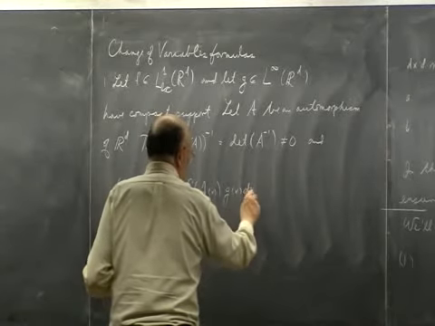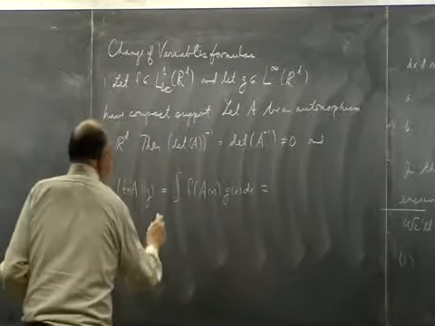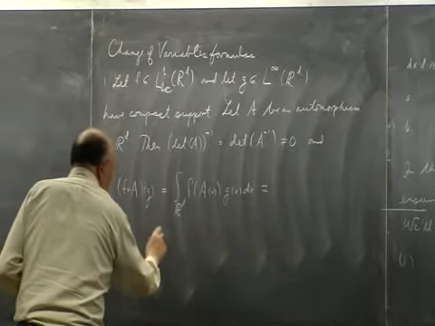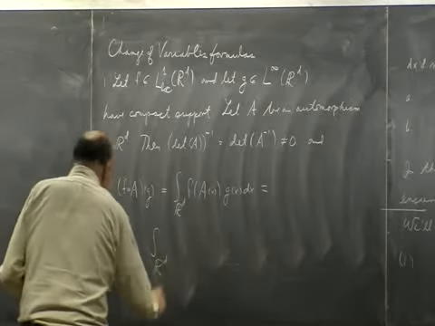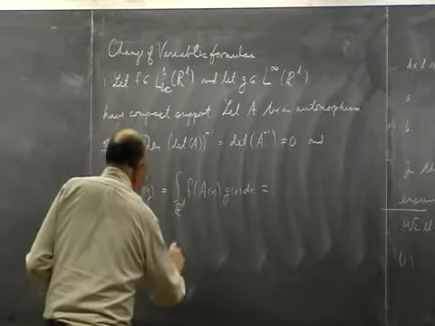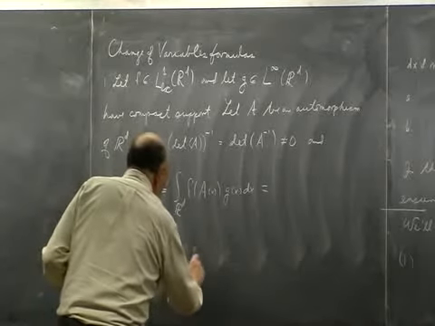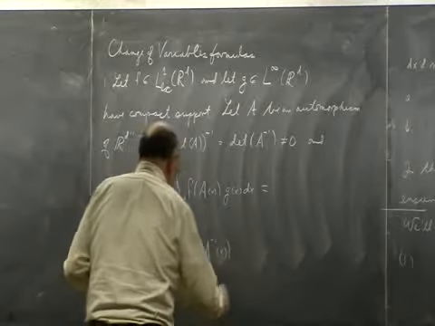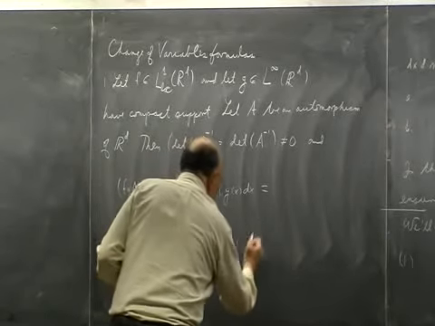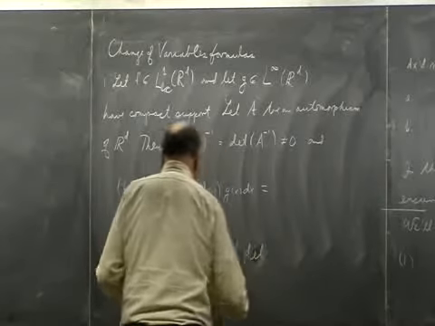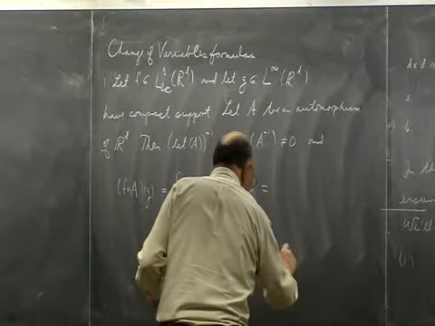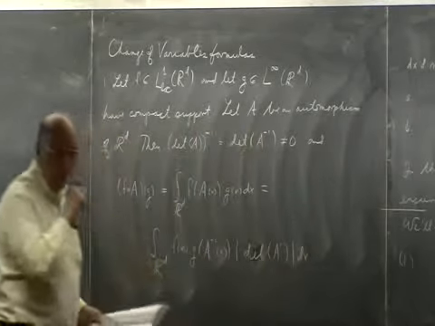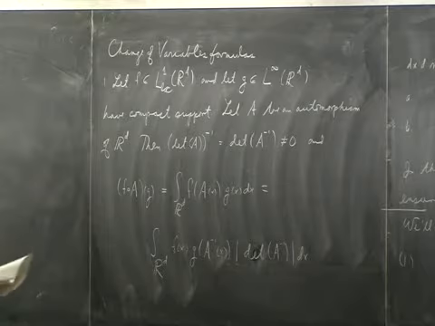When you do the change of variables, that becomes equal to the integral over R^D of F of X, G of A inverse of X times the determinant of A inverse dx. And of course, there are much more complicated formulas, but that's all I need for now.